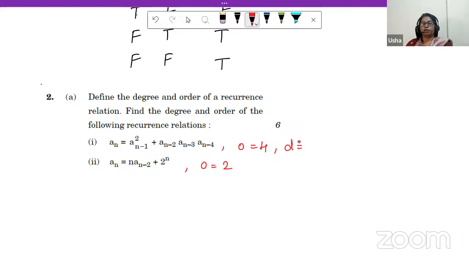What is the degree for this first question? Yes, anybody?